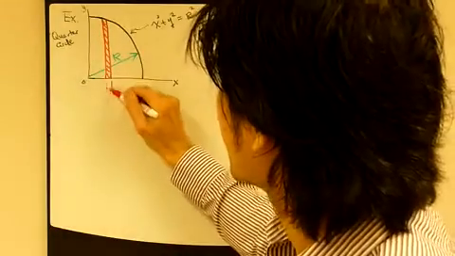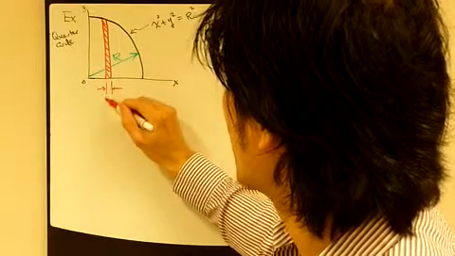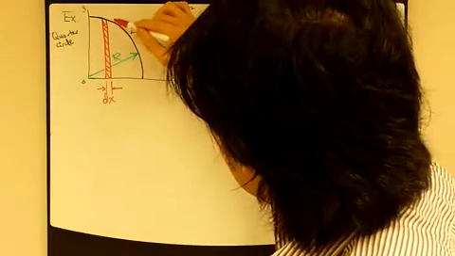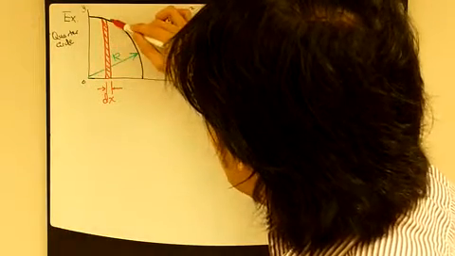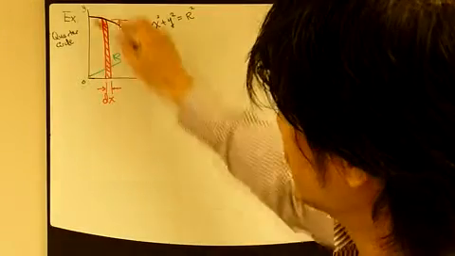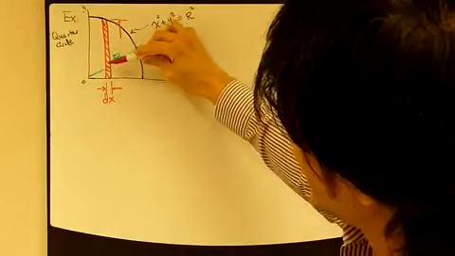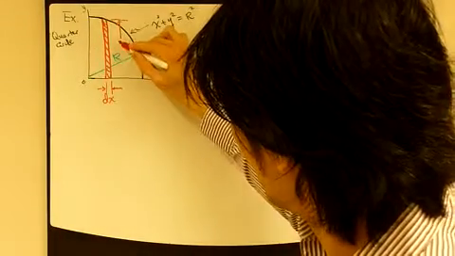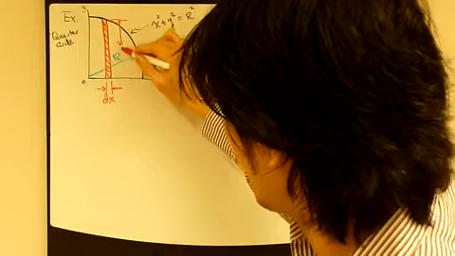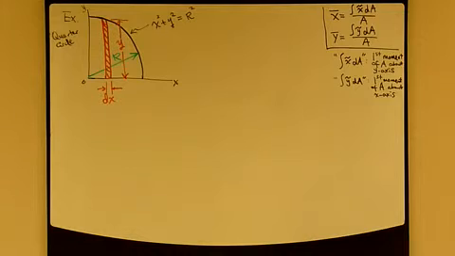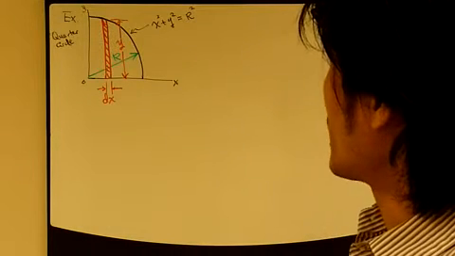For this strip right here, I have a width of dx, and the height of this strip is measured from y equals 0 all the way up to where it hits this curve, which is y. So the height is y, a y coordinate. And what else do we need?